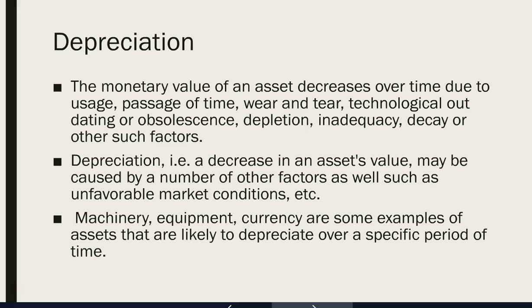It's because of usage, passage of time, wear and tear, technological outdating, which is otherwise called obsolescence, depletion, inadequacy, decay, or such other factors. This decrease is measured as depreciation.